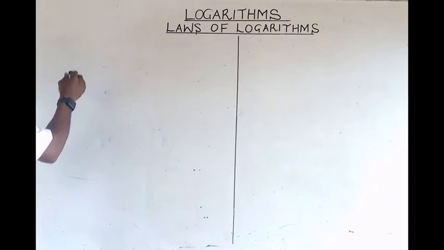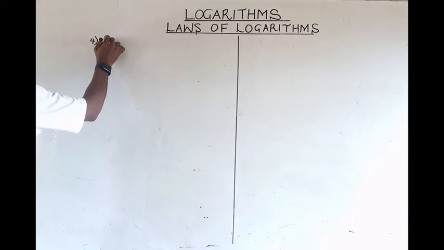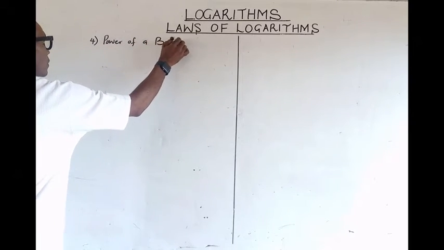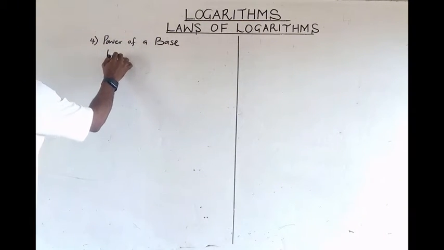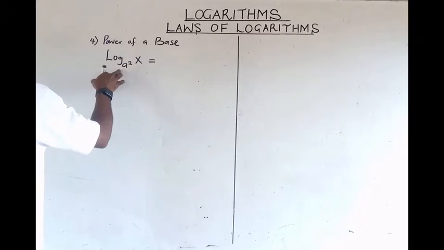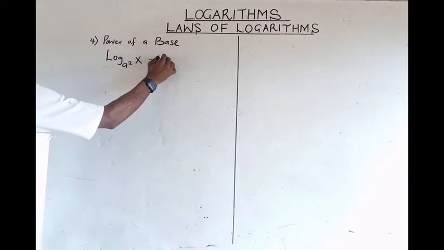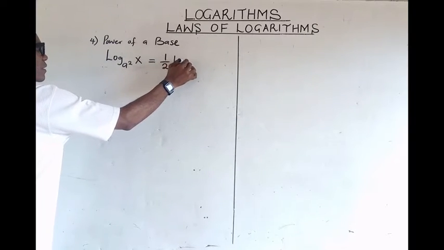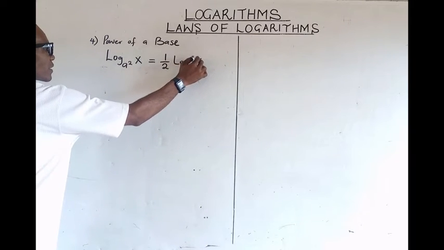We have power of a base, which is the number 4th law. The power of a base states that if you have a log base a squared of x, when it is the base that has the power, as it's going over to the other side, the reciprocal will now become what you use in multiplying the log itself.